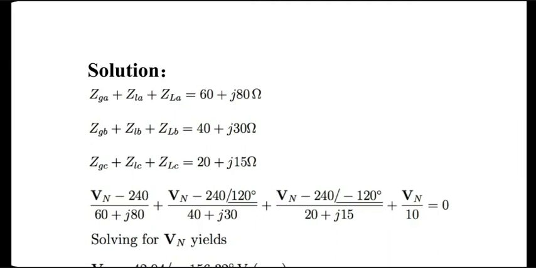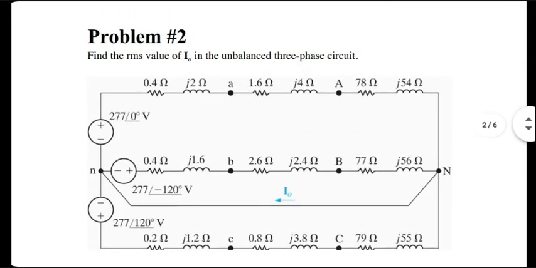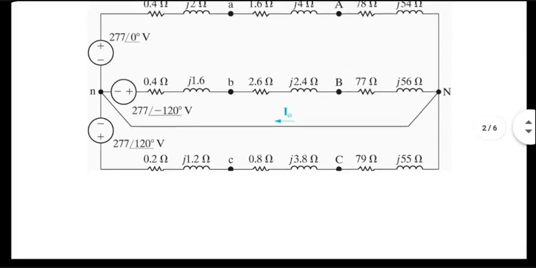Plus, and the last term is important, VN divided by 10. I think they missed that.